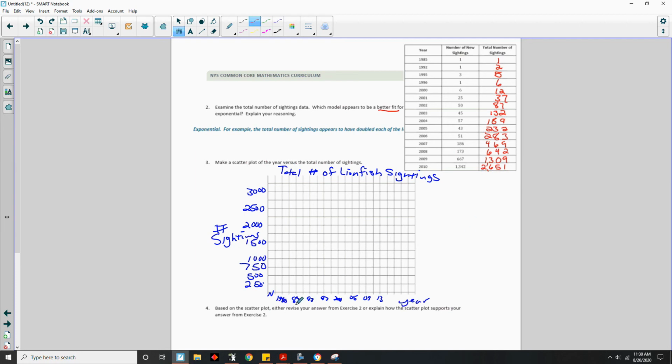Okay, so in 1985, there was 1. Well, that's pretty close to 0 down here, right there on the line. In 92, there was 2. Here's 92, there's 2, so that's still right here. In 93, 95 is here.